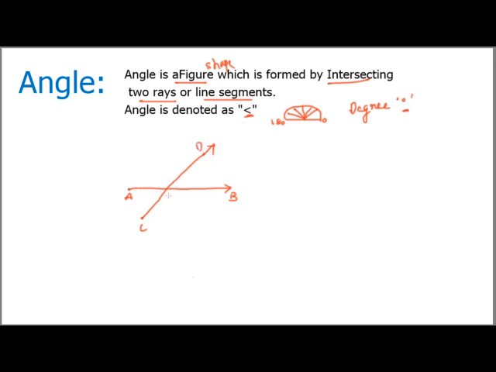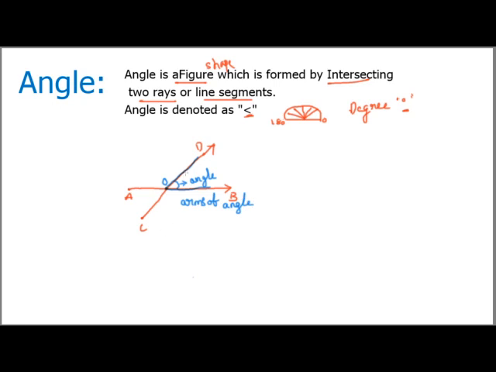These two rays AB and CD meet at another point, O. Then the shape formed is called an angle, and the rays OD and OB are called the arms of the angle.